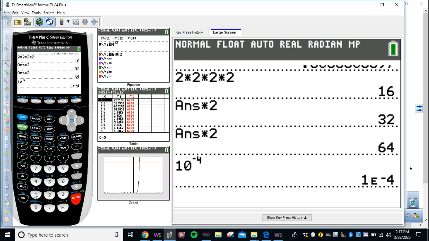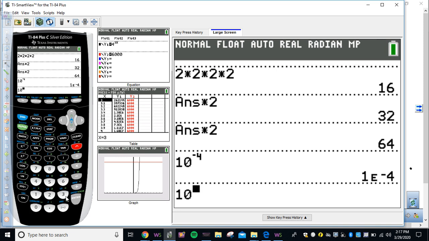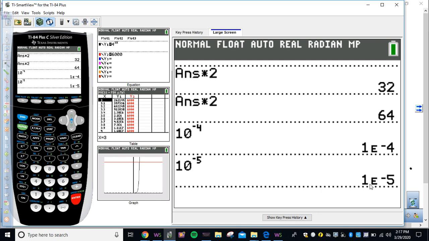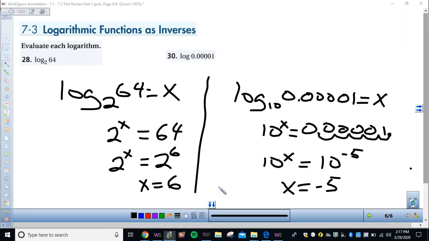And then you could test out 10 to the negative fifth. If we move that 5 to the left, we're going to end up with 4 zeros in front here. So 0.00001. So you can figure out that it's 10 to the negative fifth.